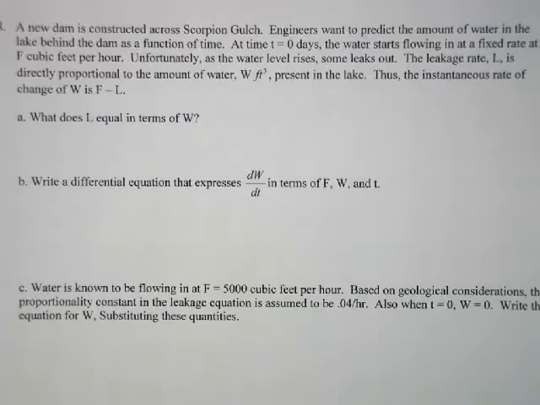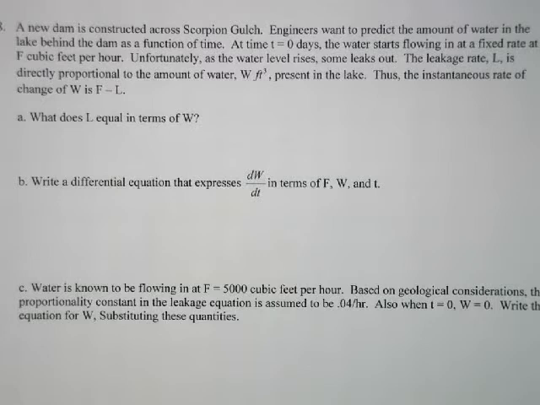All right, here's another example of applying differential equations. So a new dam is constructed across Scorpion Gulch. Engineers want to predict the amount of water in the lake behind the dam as a function of time. At t equals 0 days, the water starts flowing in at a fixed rate F, cubic feet per hour. Unfortunately, as the water level rises, some leaks out.